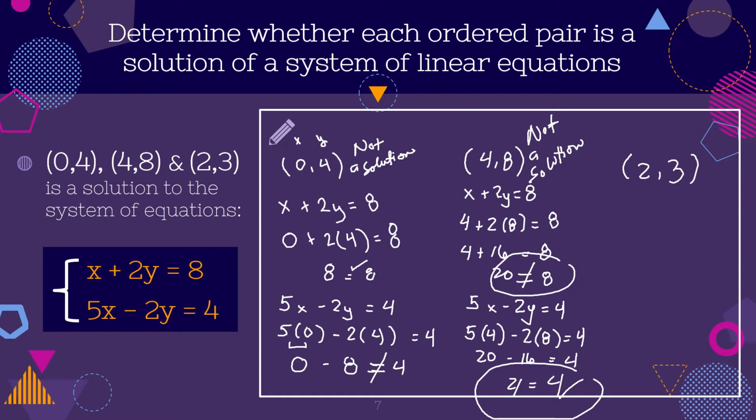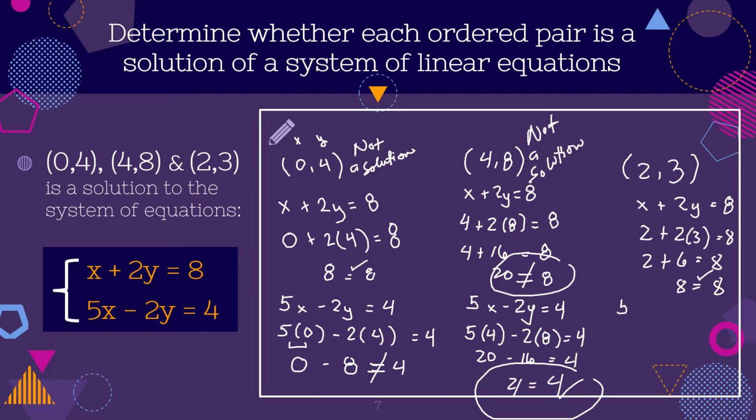Let's have the last one, (2, 3). So we have x plus 2y equals 8. Let's substitute. So 2 plus 2 multiplied by 3 equals 8. So 2 times 3 is 6, so 2 plus 6 is 8, equals 8. Check.